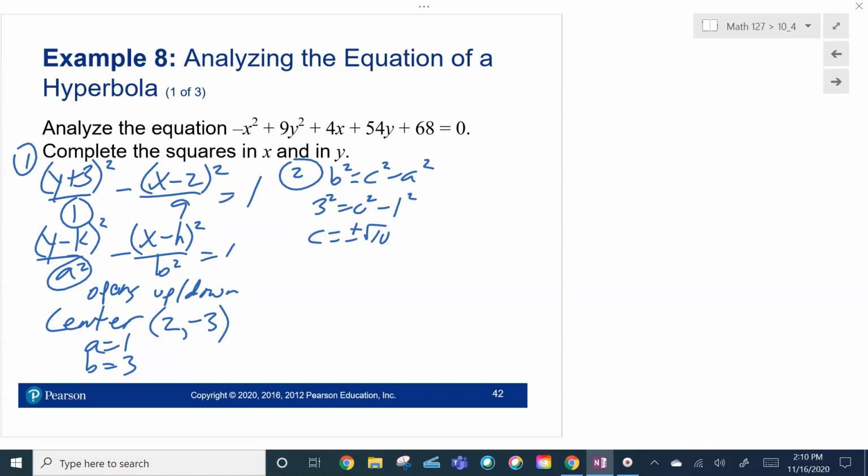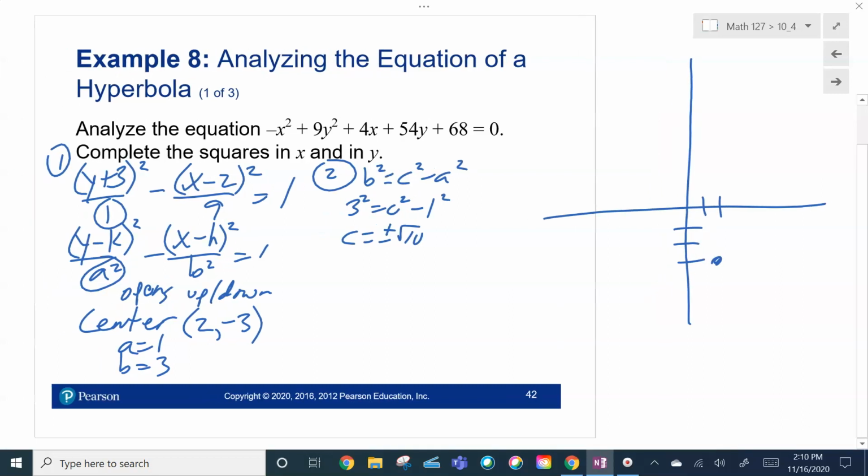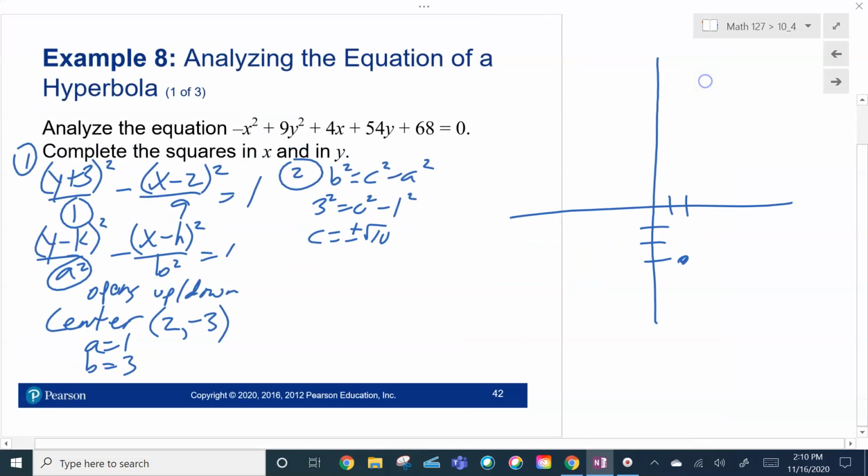So the center of this thing, 2, negative 3, right there. It opens up, down, so I'm going to go up a distance away, and down a distance away, 1.